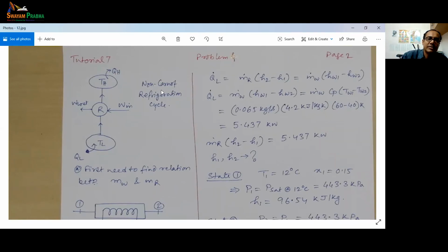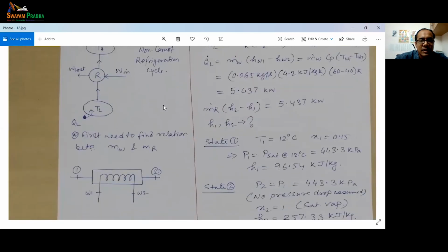If it is a Carnot refrigeration cycle, we can assume there is no work lost and these temperatures can also give you the COP. What we need to find here is the relationship between the mass flow rates m dot W and m dot R.